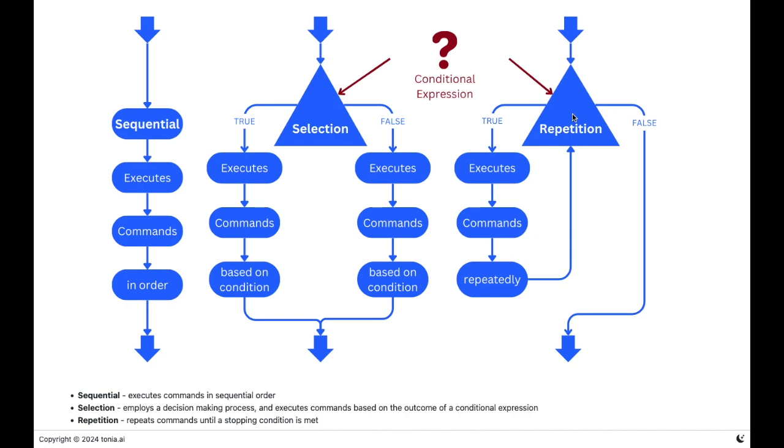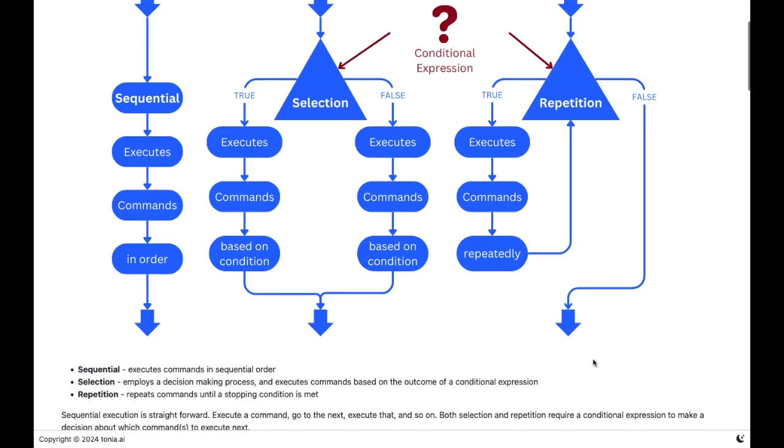And if the conditional expression again evaluates to true, then we execute those commands too. And we do this repeatedly in a loop until the conditional expression evaluates to false, in which case the code continues on to the next command.